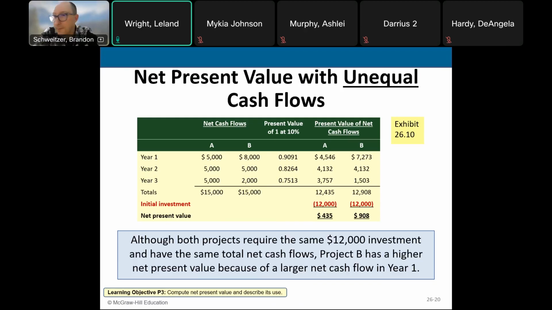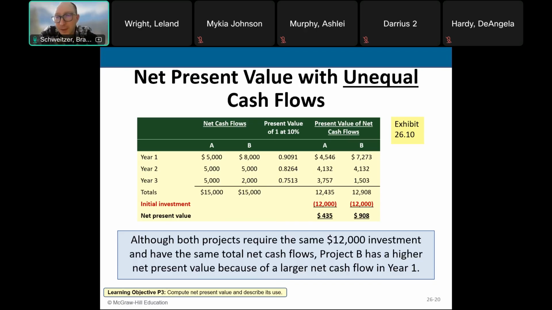Go ahead, Leland. So I was going to ask a separate question because unlike the other tools, this one uses time value of money. So would this be the best one for a company to use over the other ones? It's probably a little bit more accurate.